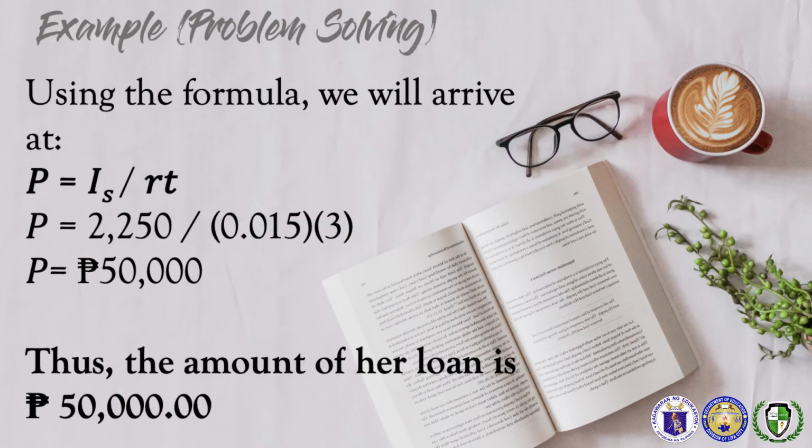Using the formula, we will arrive at P is equal to 2,250 pesos divided by 0.015 times 3. Thus, the amount of her loan is 50,000 pesos.